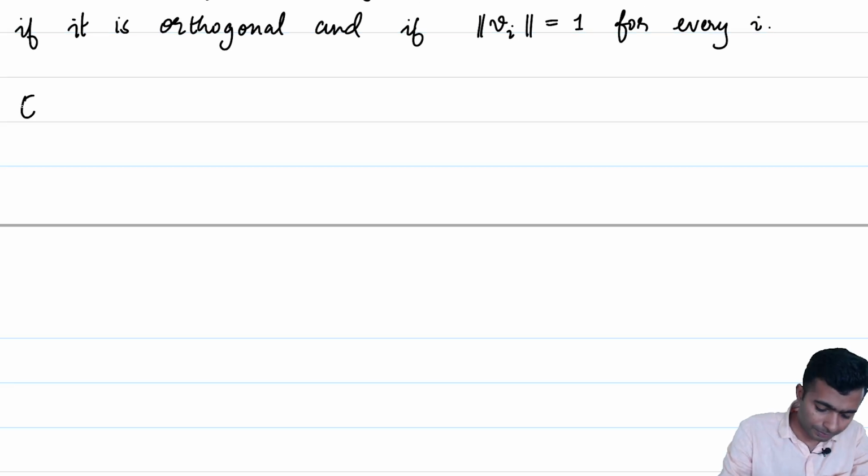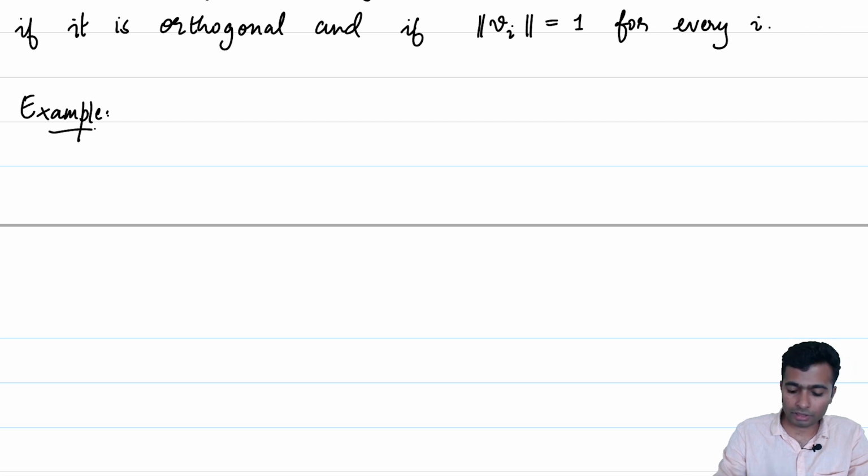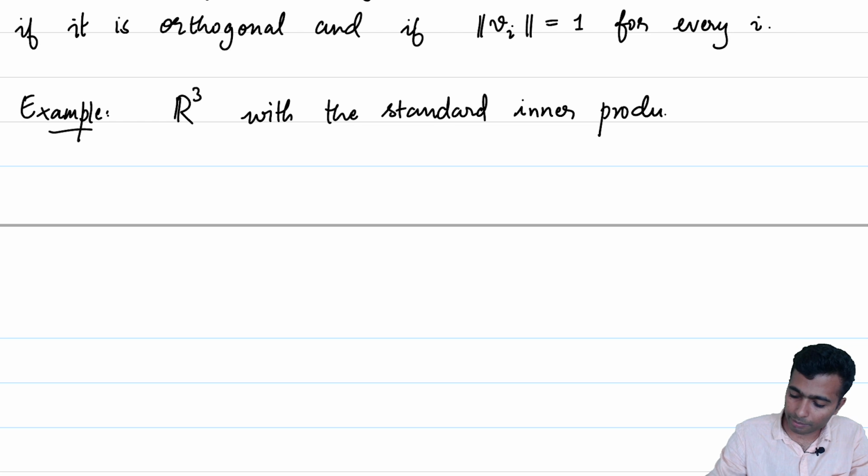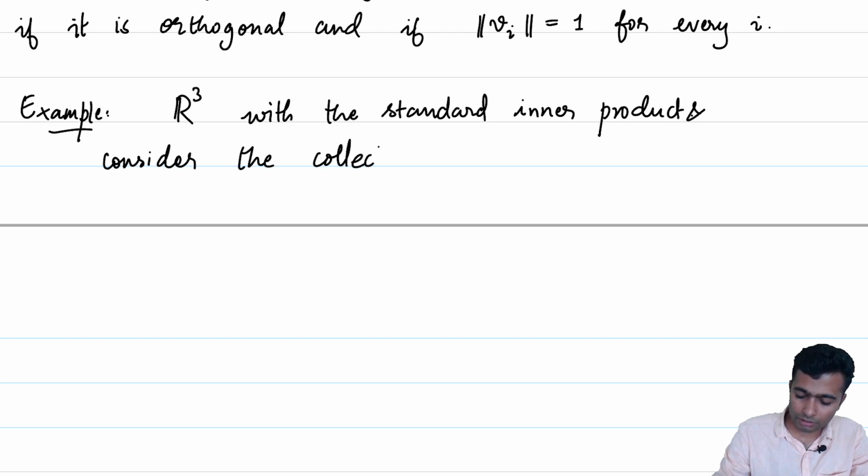So example, let's work with R2 or maybe R3 with the standard inner product, which is the dot product. So consider R3 with the standard inner product and consider the collection of vectors.